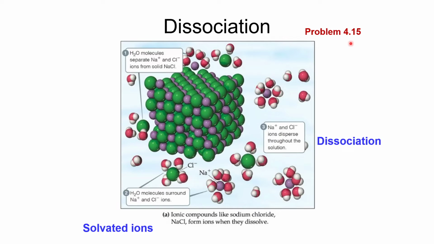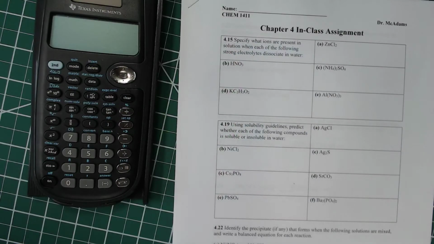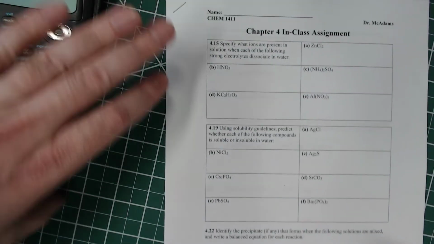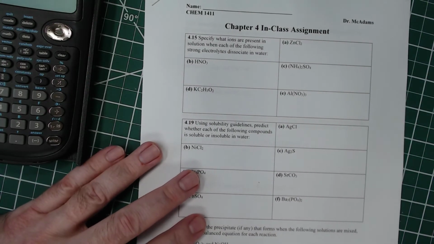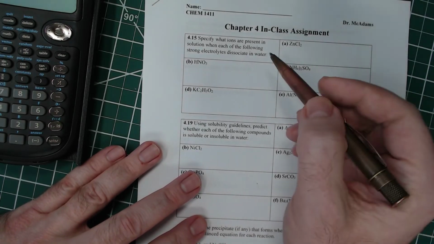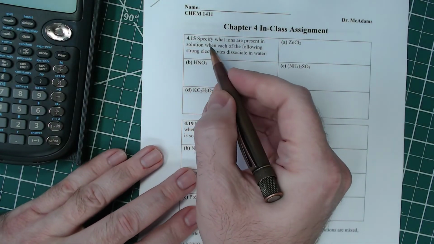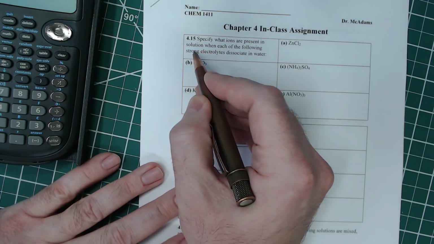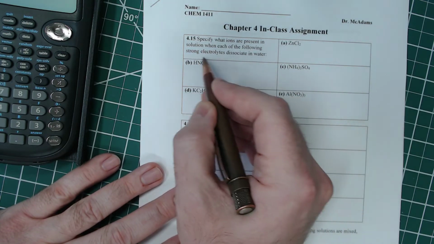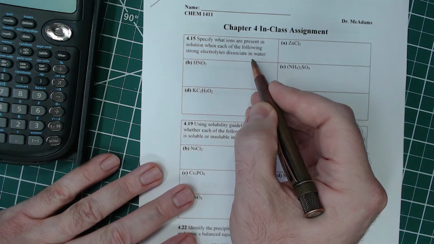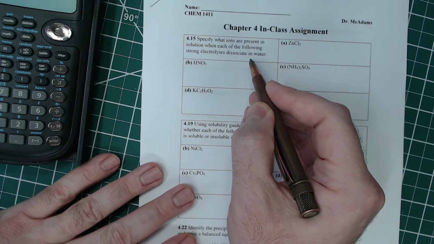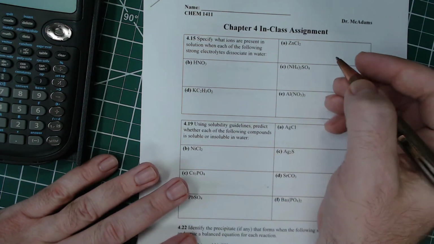So we want to look at number 15 on the in-class assignment. So we're going to switch over here to our in-class document camera, our assignment camera. And here it says specify what ions are present in solution when each of the following strong electrolytes dissociate in water.